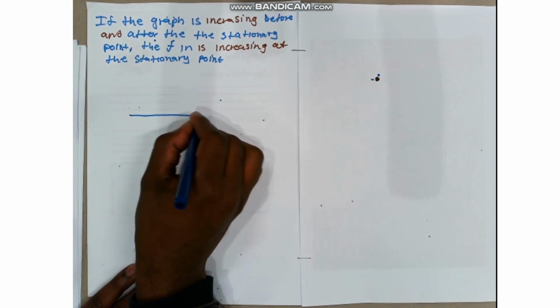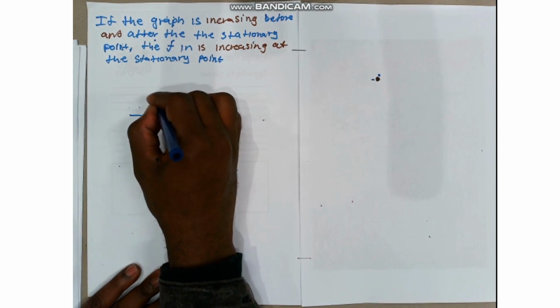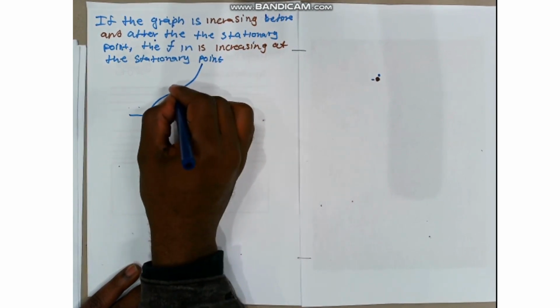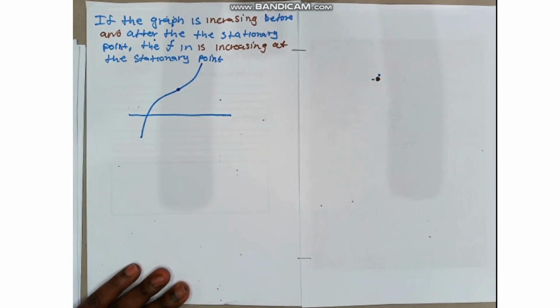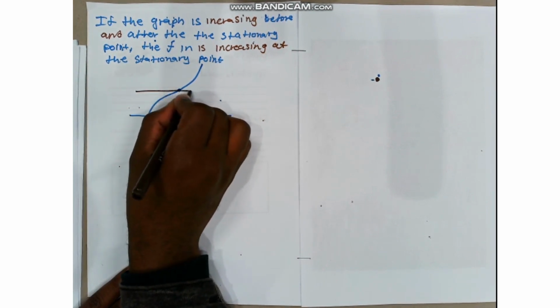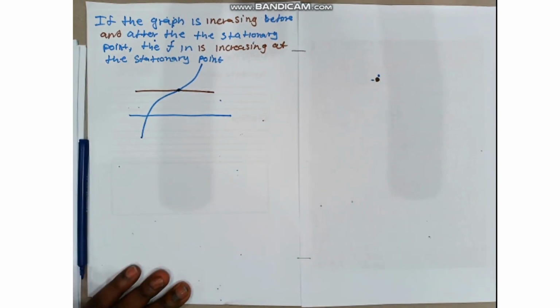Just have your x-axis here. You have a function going like this, which is going to be our tangent here. This is our tangent where the graph cuts.